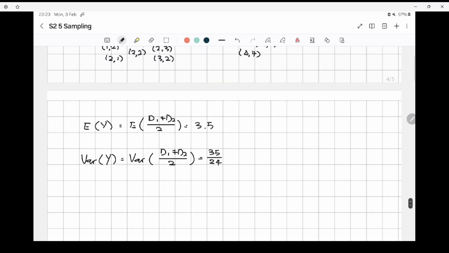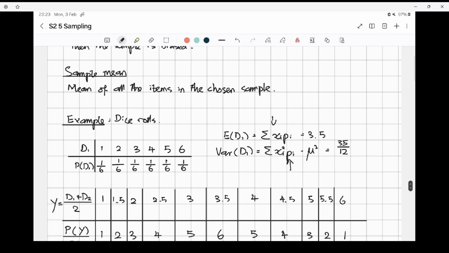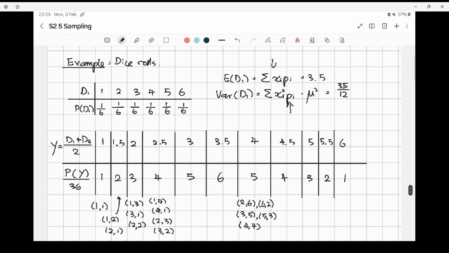So you will notice something. For sample mean, the expected value is basically the same as long as your random variables are coming from the same source. You cannot mix, let's say, D1 is a dice roll and D2 is a coin toss.